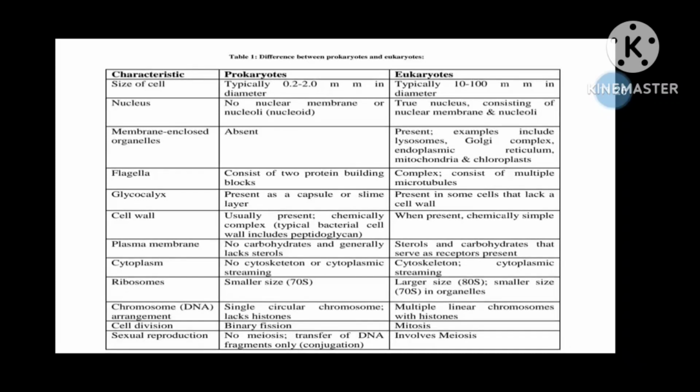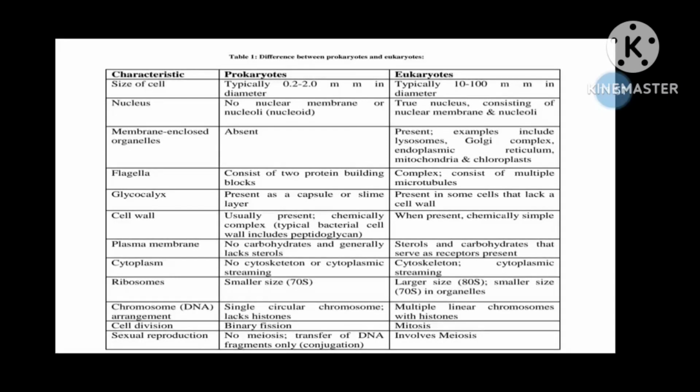So, ribosome is small in size and 70S type is present in your prokaryotic cells. But in eukaryotic cells, it is large in size and 80S is present. In small eukaryotic cell organelles, obviously 70S is present.